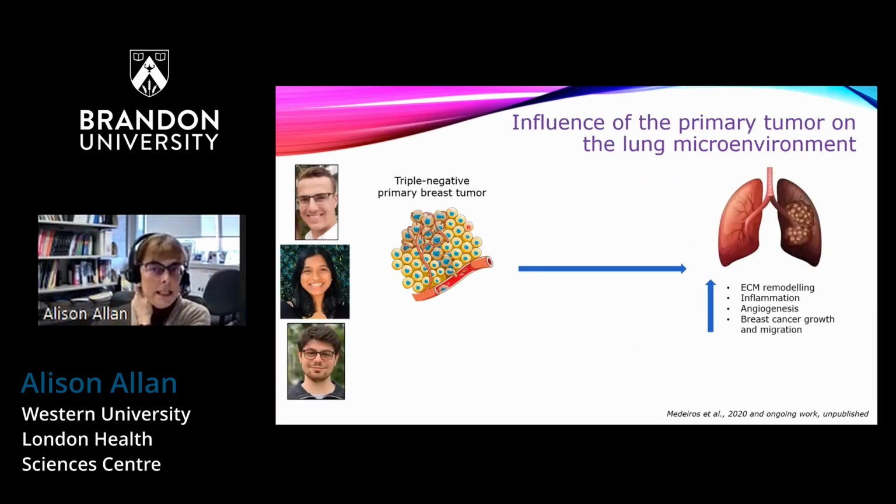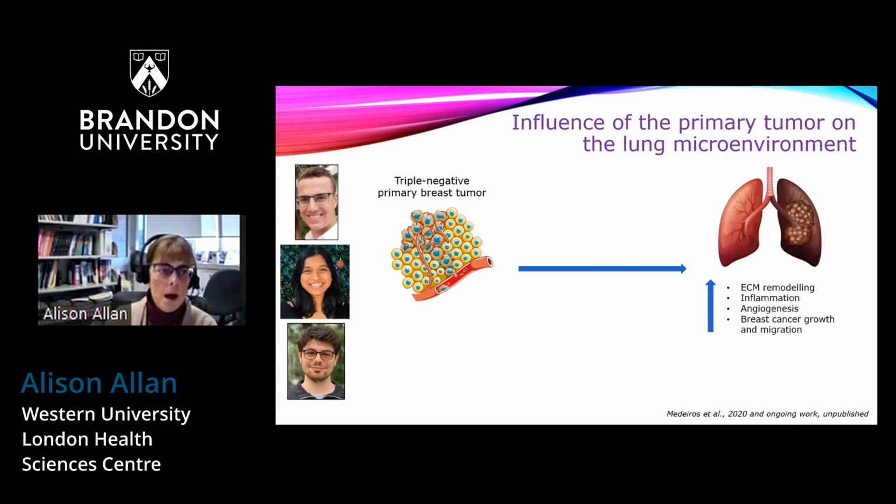So the idea is, and there was literature to support this, that the presence of a tumor, not just breast, but in our case, a breast tumor, could actually somehow modify the lung to make it even more amenable to metastasis before the cancer cells ever arrived in the lung. And this is a really cool idea, first proposed by David Lyden in California, called the pre-metastatic niche, so priming the secondary environment.